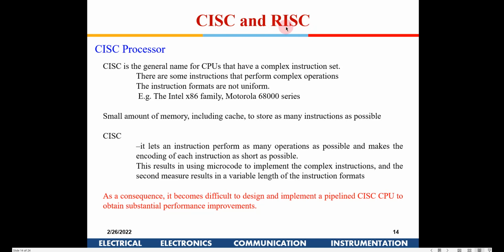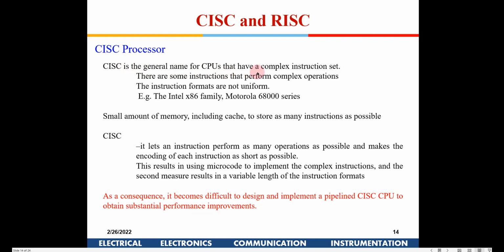These are two types of microprocessor architectures. Instruction set means, since the instructions are complex here, the architecture will be different. Here the instructions are reduced and simple, so the architecture for these kinds of CPUs will be different. What is a CISC processor?